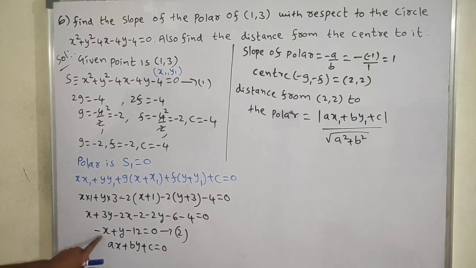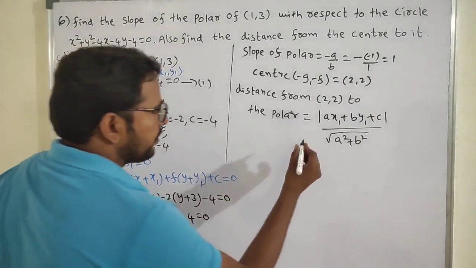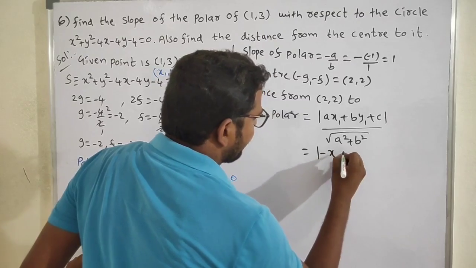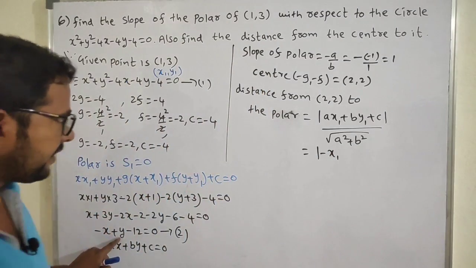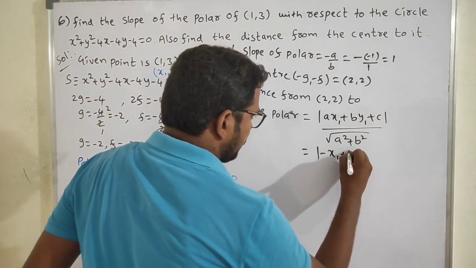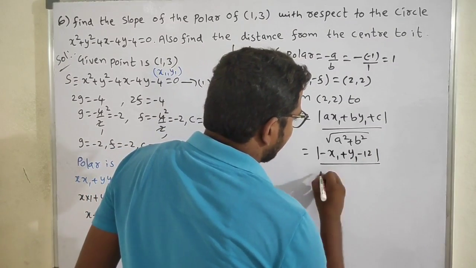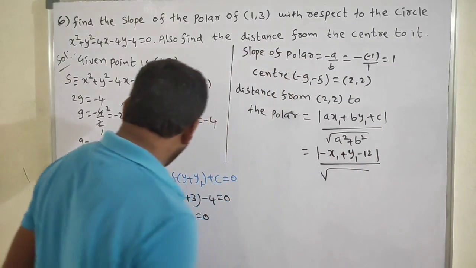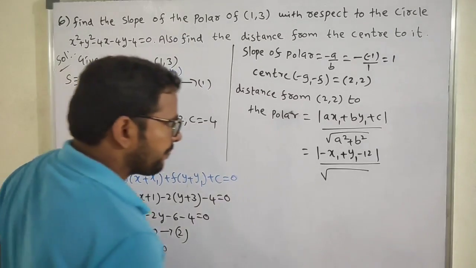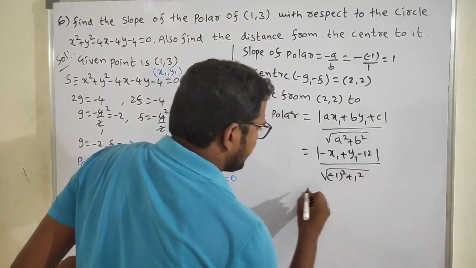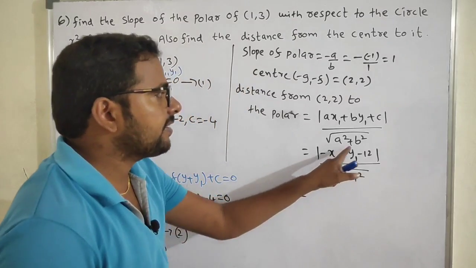Here a is equal to minus 1. So minus 1 into x1 plus y1 plus c, that is minus 12, by root over a square. A is the x coefficient, minus 1 square plus b, also 1, plus 1 square. What are x1, y1? The center.